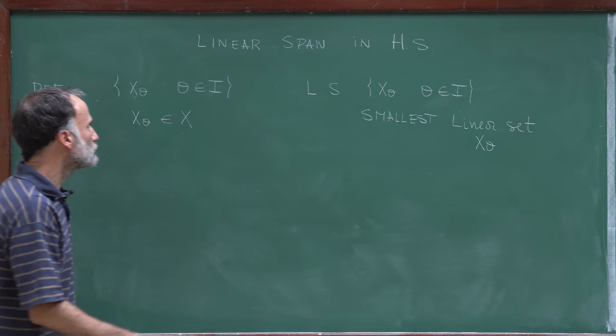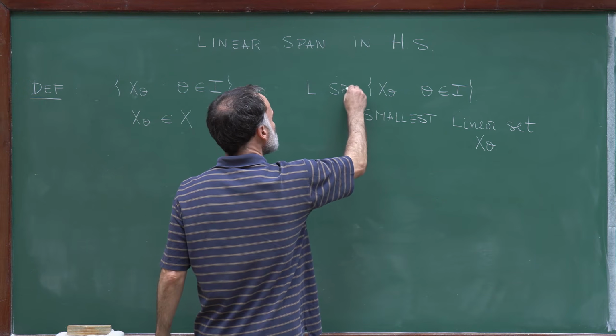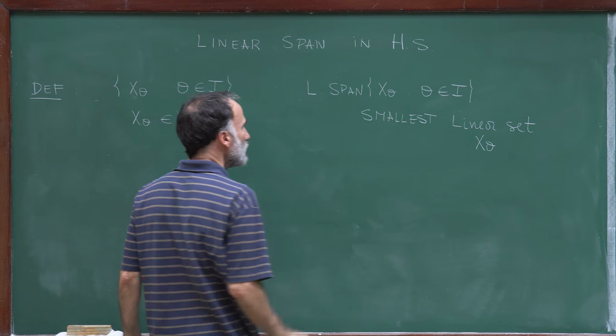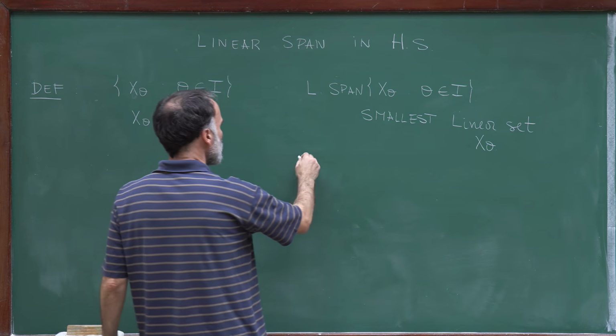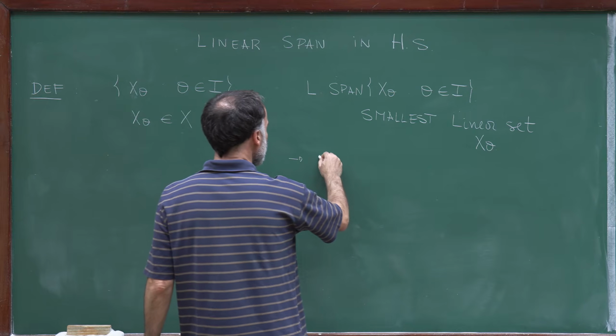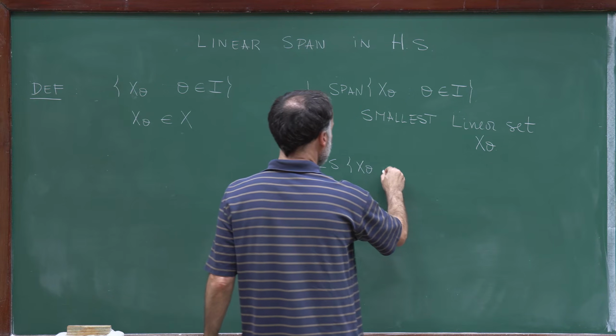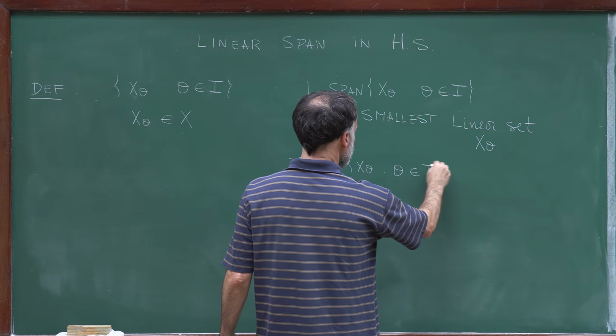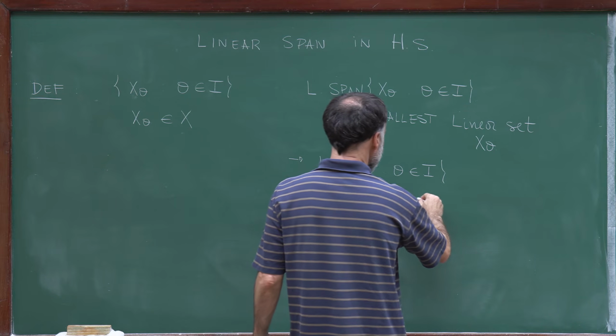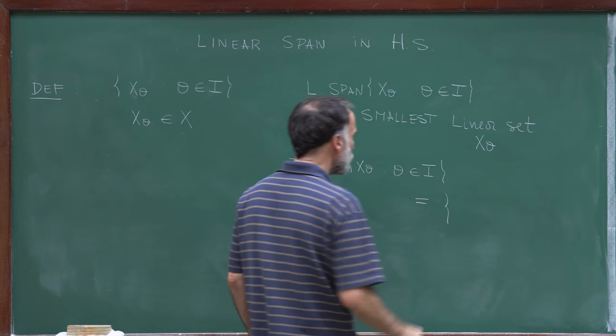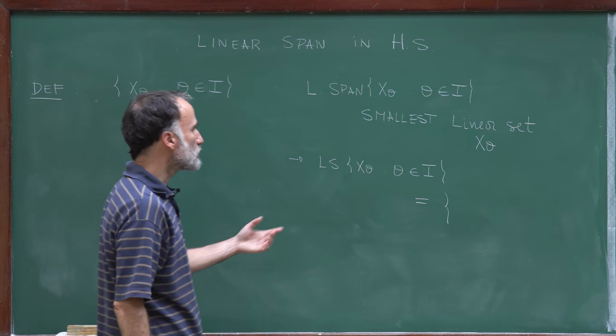of x_theta. So this is the linear span of x_theta, and we proved in a previous lecture that the linear span of x_theta is given by the set of all finite linear combinations of x_theta.